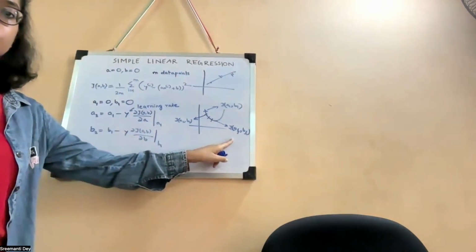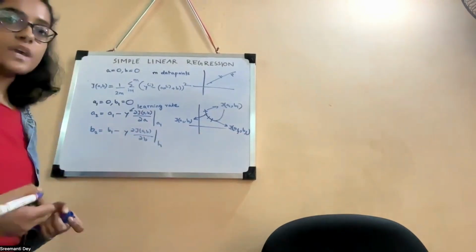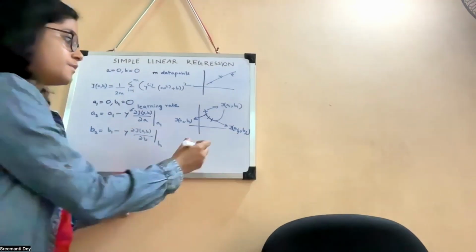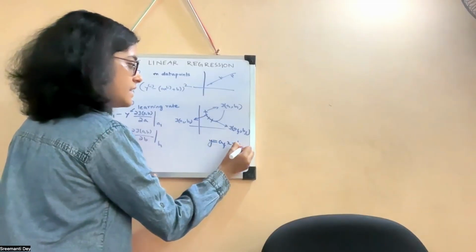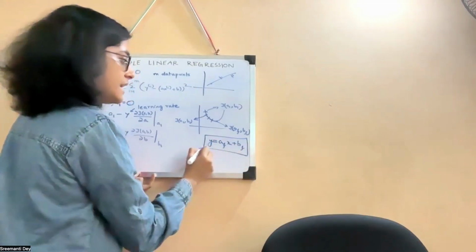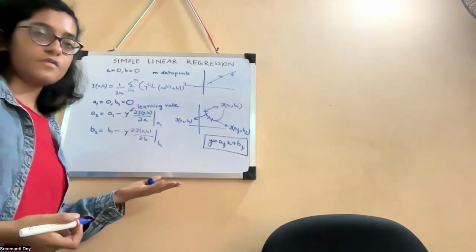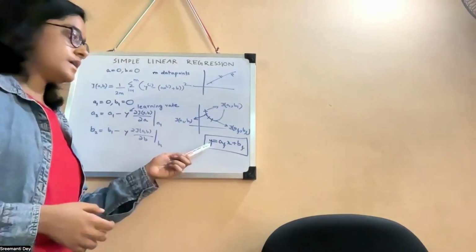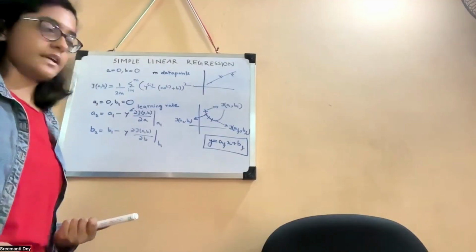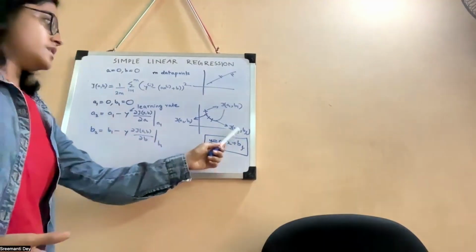And this is what we're looking for, A final, B final. Once we have A final and B final, we would be able to construct A final X plus B final. And that is our line. Then we can just put in any value of X. Our test variables would be any value of X, and we would get the Y value, which is our target. So this is what we need to do.